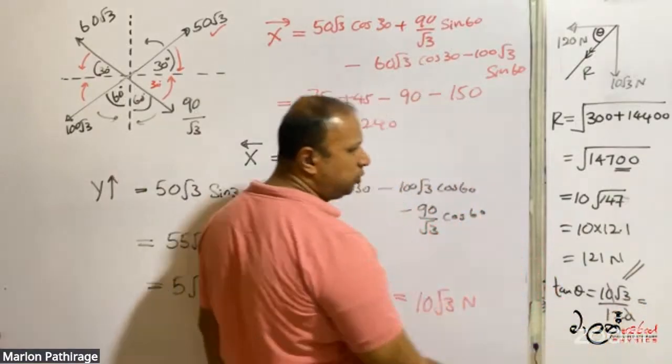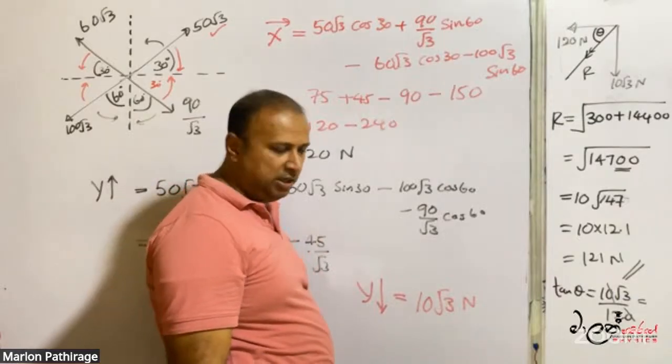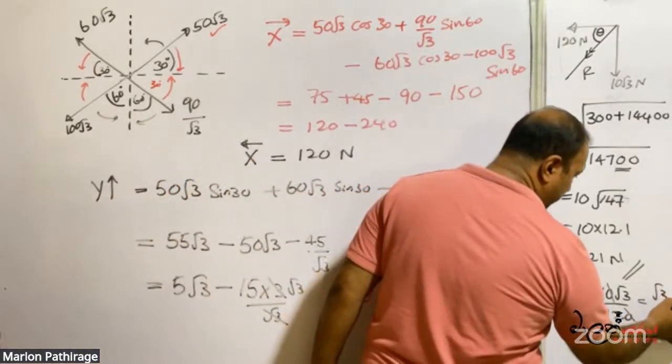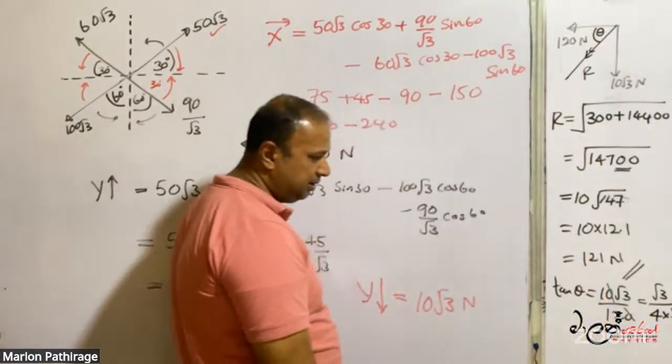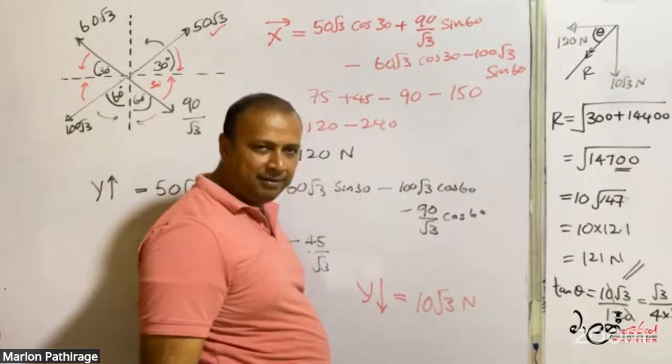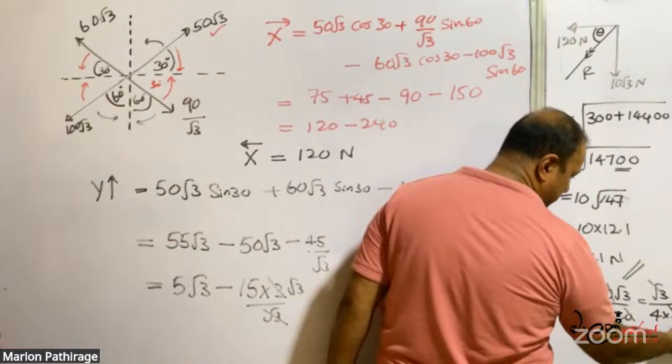Root 3 over 12. 12 means 4 times 3. Then again, you can simplify, 3 to root 3.